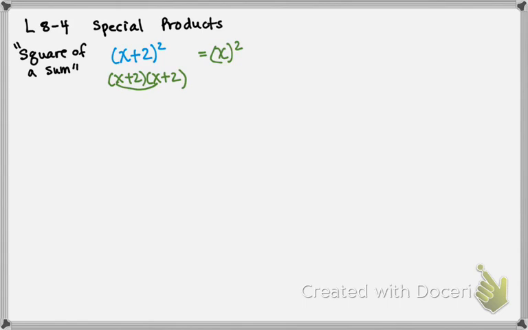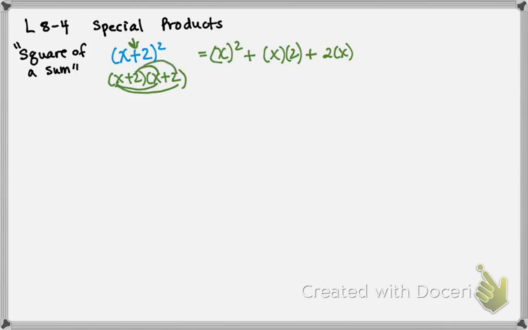And then it says plus, so we're going to write plus. And then we're going to multiply x times 2. And then we write plus again, and then we multiply by the 2, so we're going to have 2 times x.